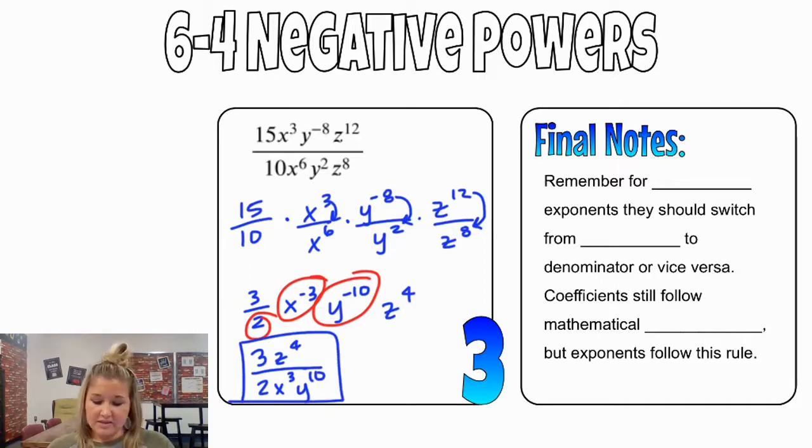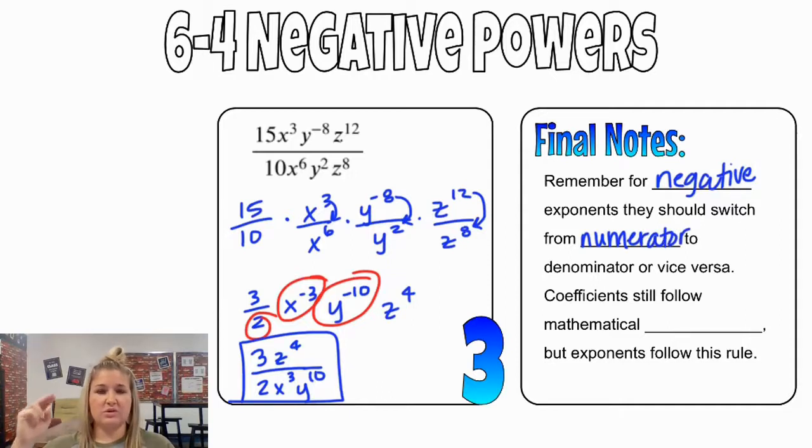So some things that you want to remember for negative exponents: they should switch from numerator to denominator and vice versa. If they're negative and in the numerator, they go down to the denominator and become positive, and vice versa. If it's negative in the denominator, then to make it positive, you move it up to the numerator.